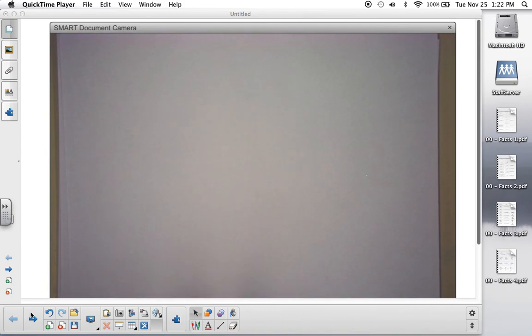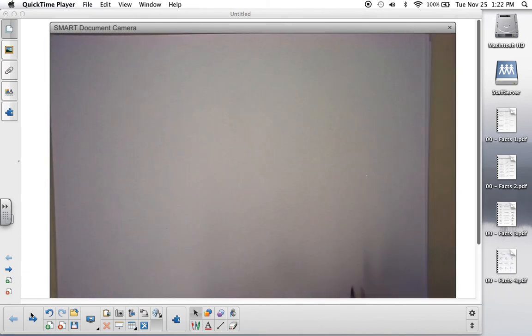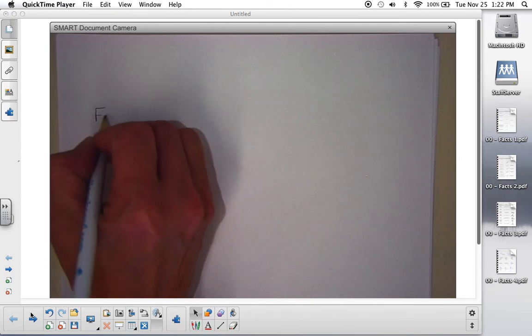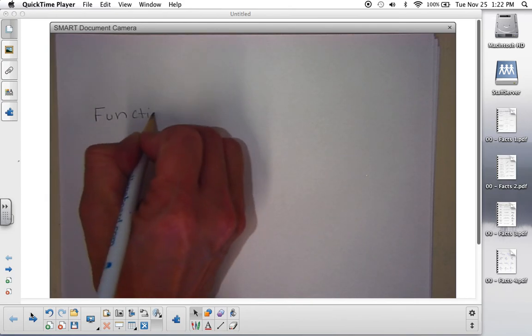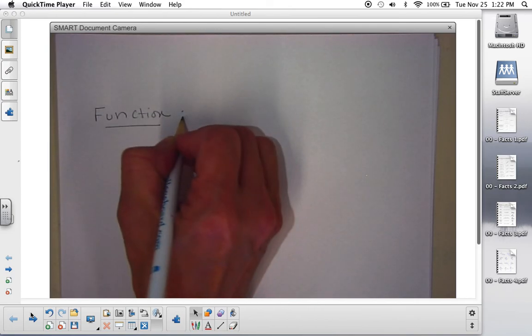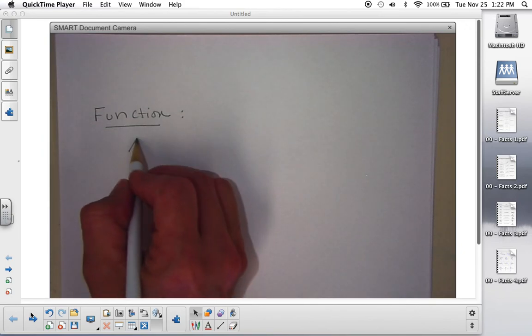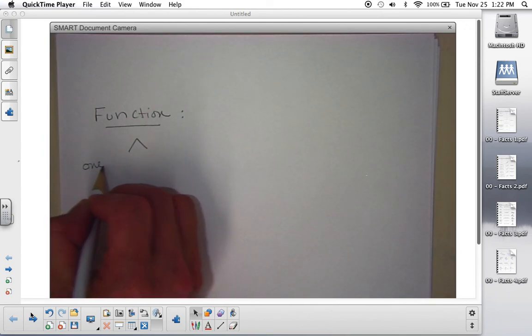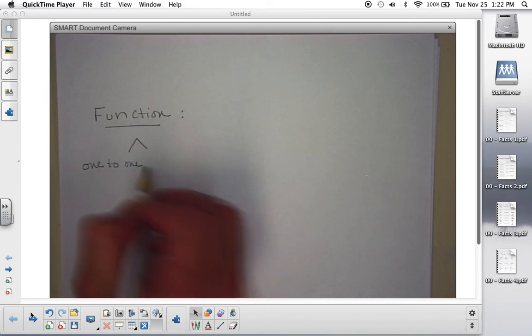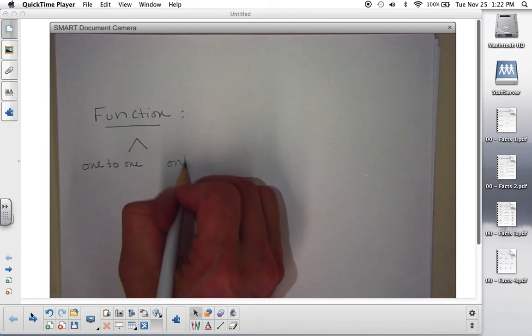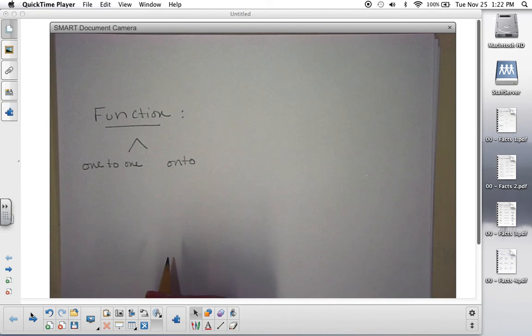So what we did in this unit was we talked about functions. And we said functions are relations or ordered pairs where the x's are all unique. So a function can have no repeating x values for something to be a function. And then the two different kinds of functions: it can be one-to-one, which means no repeating y values, and it can be an onto function if it utilizes all the y's.